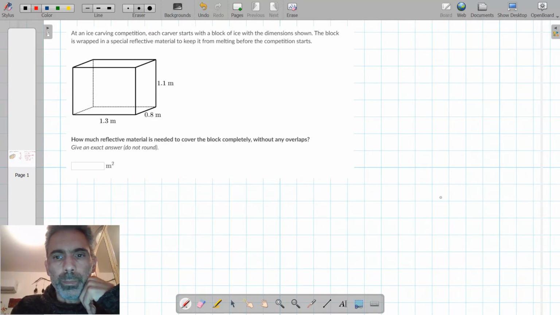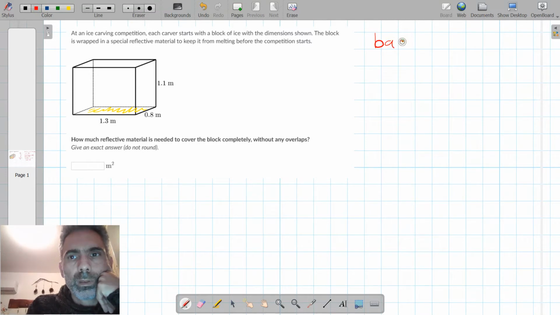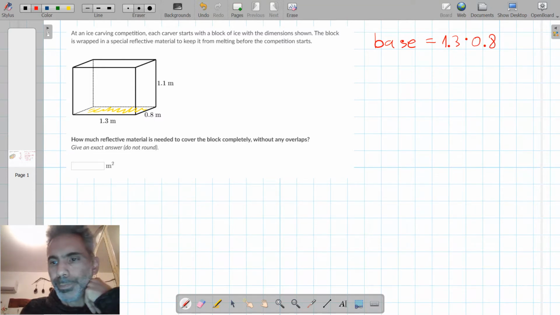So, the block of ice. Okay, let's see, the base of the prism has an area of 1.3 times 0.8.